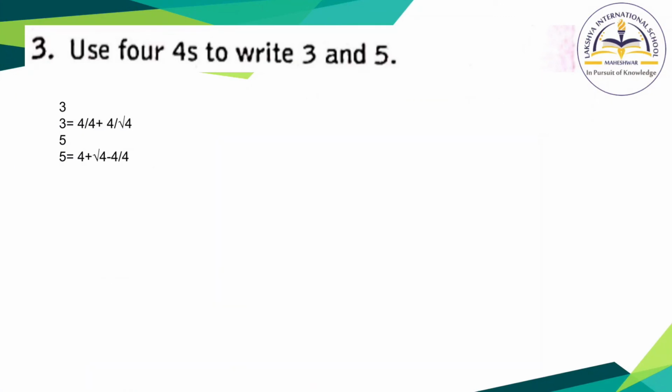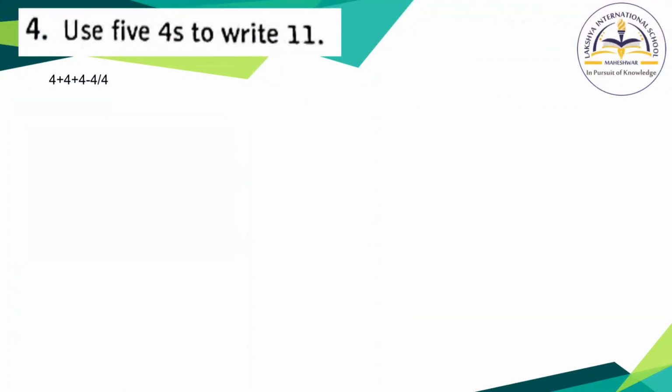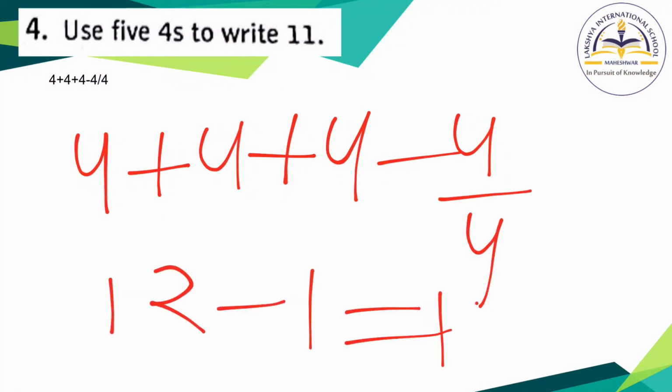So like this you have to write these terms. Now use 5 fours to write 11. How can we write it? 4 plus 4 plus 4 minus 4 divided by 4. You can see 4 plus 4 plus 4, 12. 12 minus 1, that is 11.